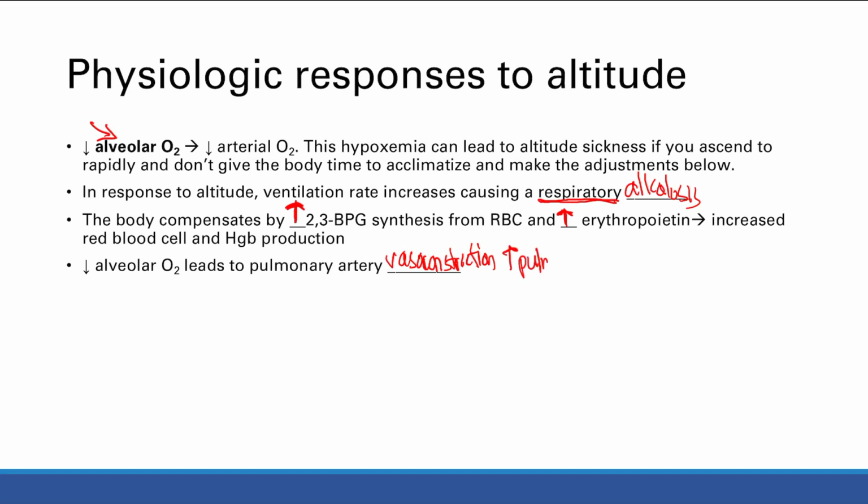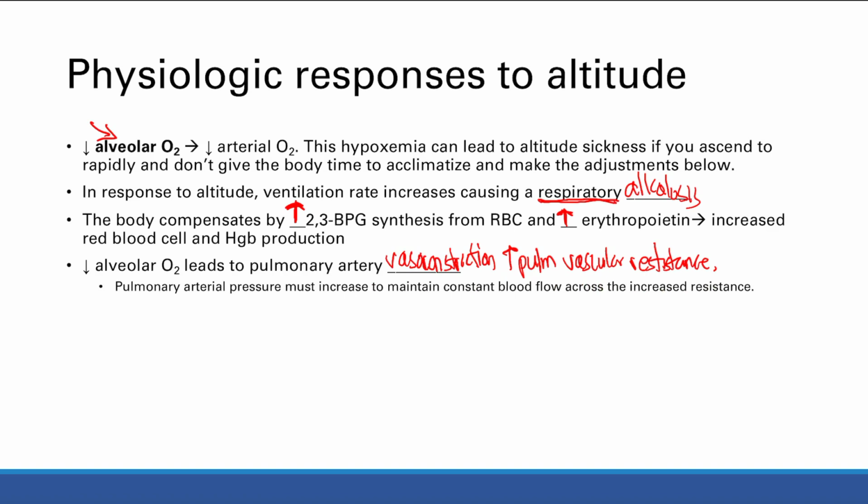Remember, the pulmonary vascular lectures, it's pretty much the same thing as always. If you decrease the radius, you get increased resistance. And if you have increased resistance, what's going to happen to arterial pressure? Arterial pressure is going to have to increase to maintain blood flow against the increased resistance.